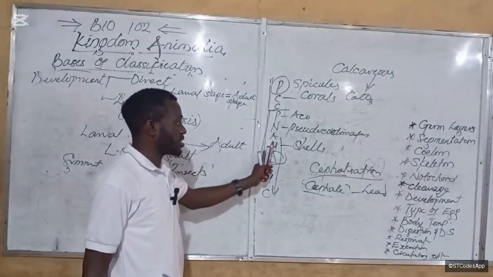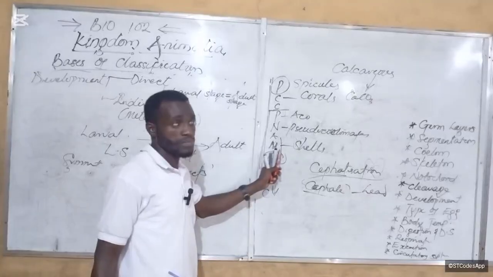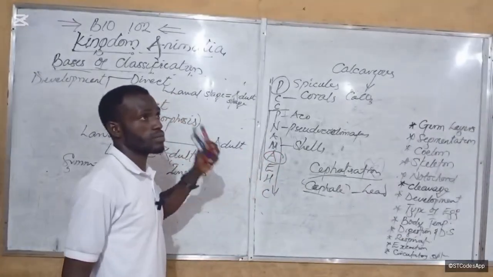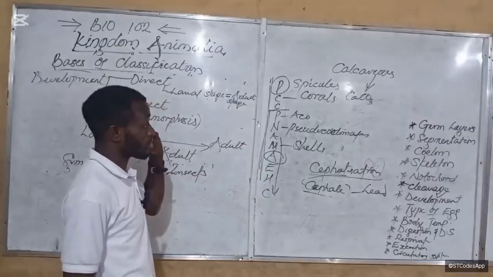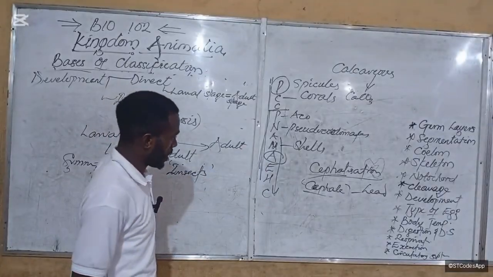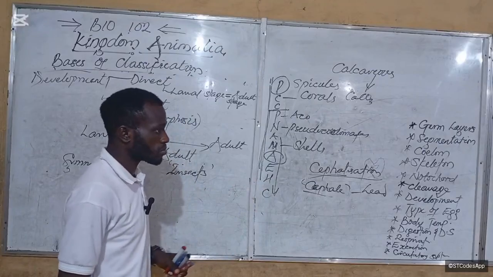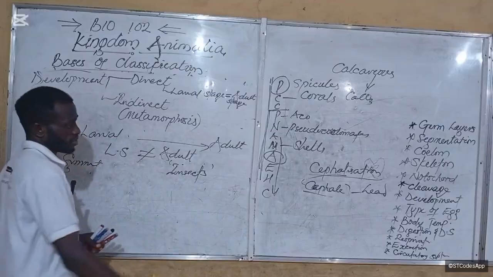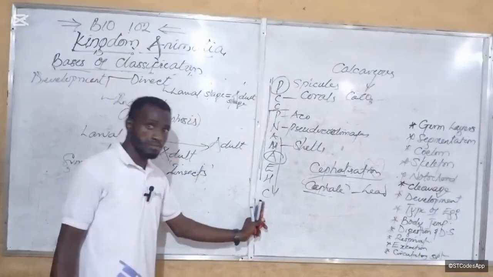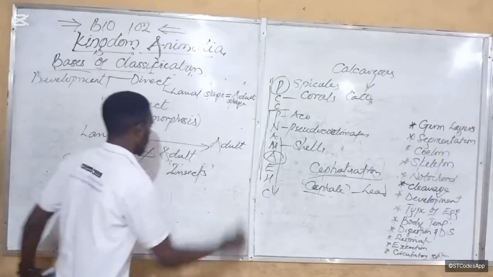There is direct development in a few of them. So arthropods, indirect development. Echinoderms, indirect development also. But chordates, mostly direct development. Okay.